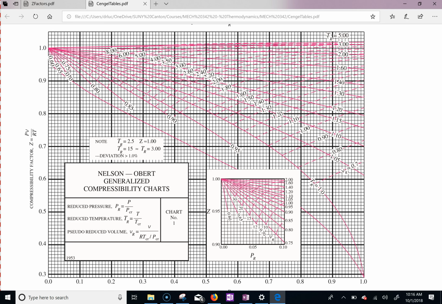Then you also have these dotted lines, which are your VR values. That one's a little bit harder to read because it's smaller. But you could use the other chart, which is right in chapter 3, to figure out your Z value, and then you can use that to figure out anything you need to.